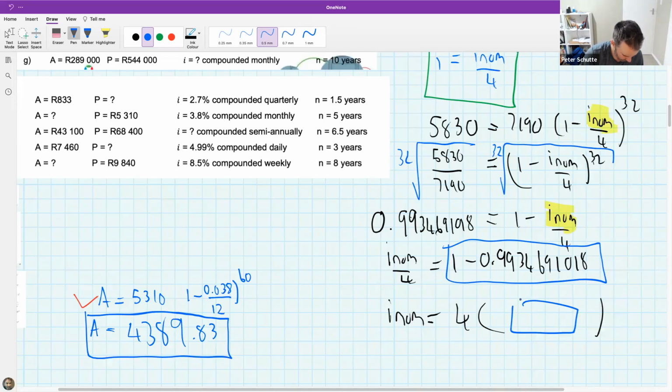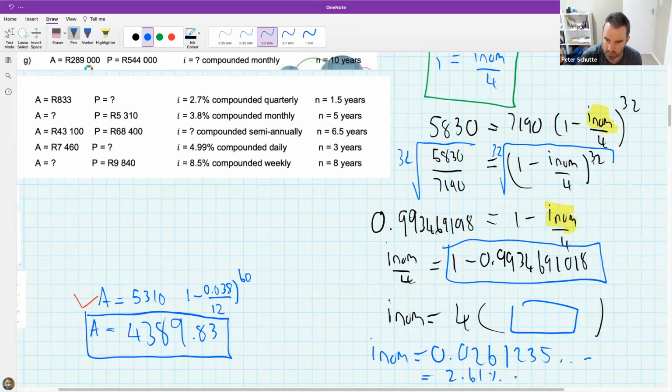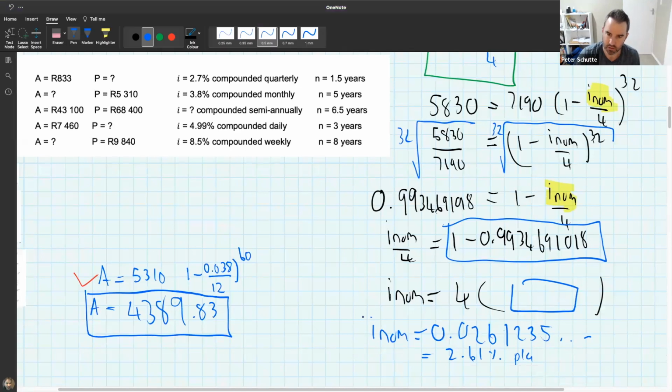And then it's times by 4, and I get 0.0261235, blah, blah, blah, which is going to be 2.61% per annum as the depreciation.